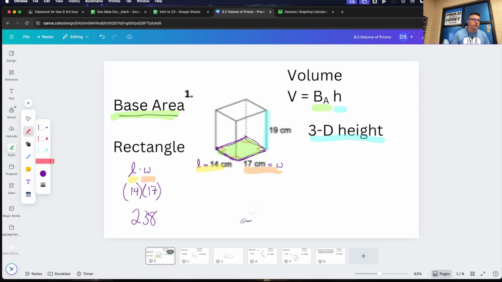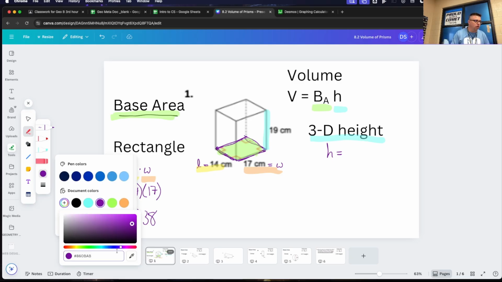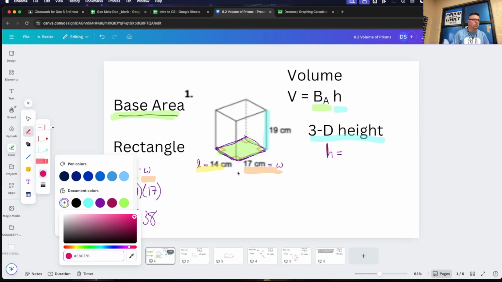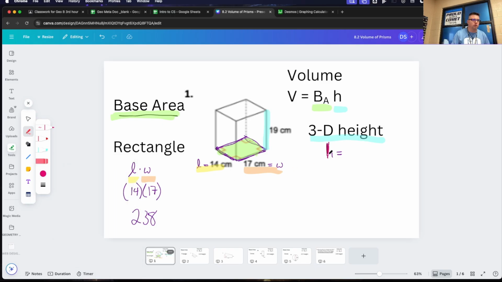Now, what we're going to do to that base shape is multiply it by what we call the 3-dimensional height. I'm going to change this color. Let's go with pink. That didn't change much. We need a 3-dimensional height on this, which we call 19.